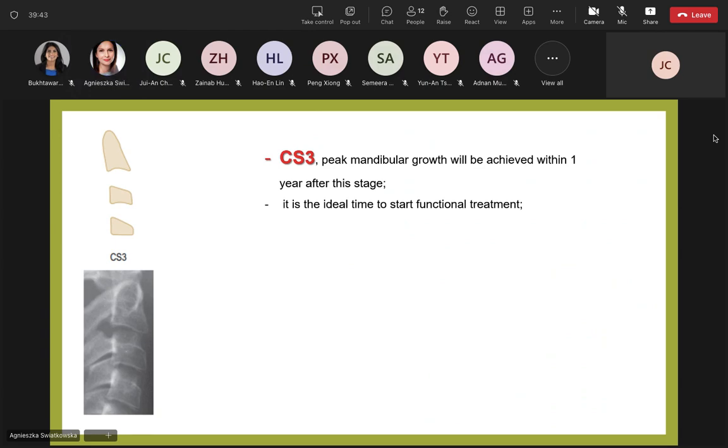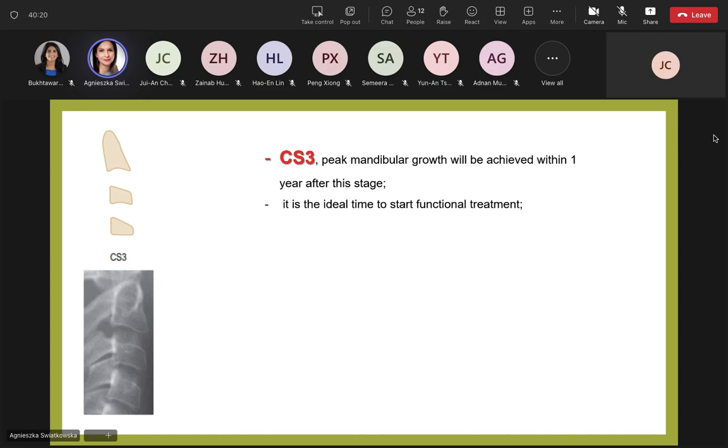Stage 3. This is the ideal time to start functional treatment, because we expect that during this year, when we see this stage, the patient will be in the most intensive growth of the whole body, and the most intensive growth of the whole body is in correlation with the most intensive growth of the lower jaw.